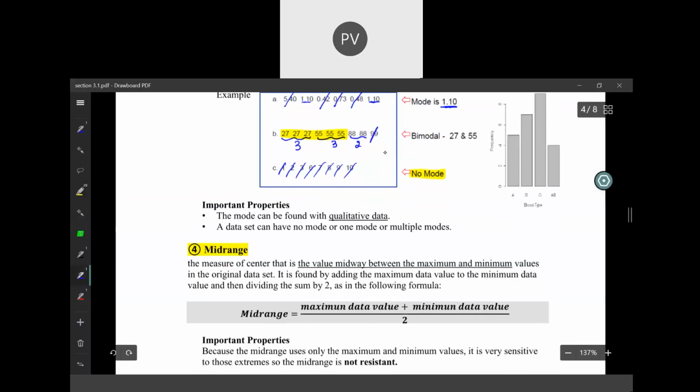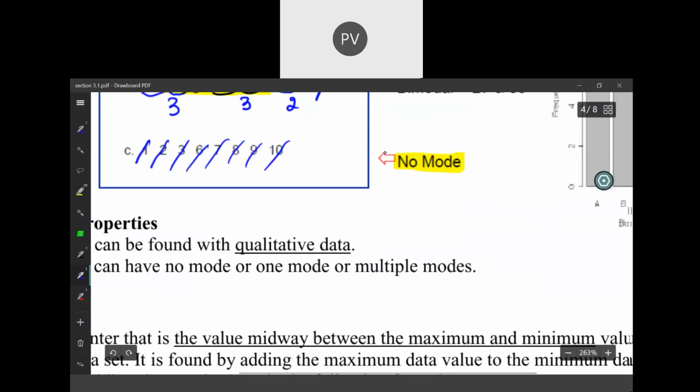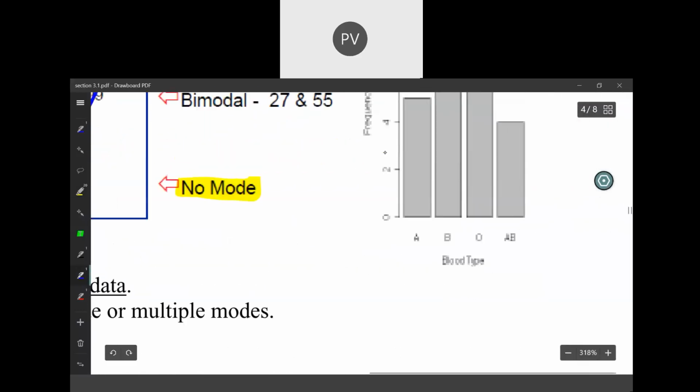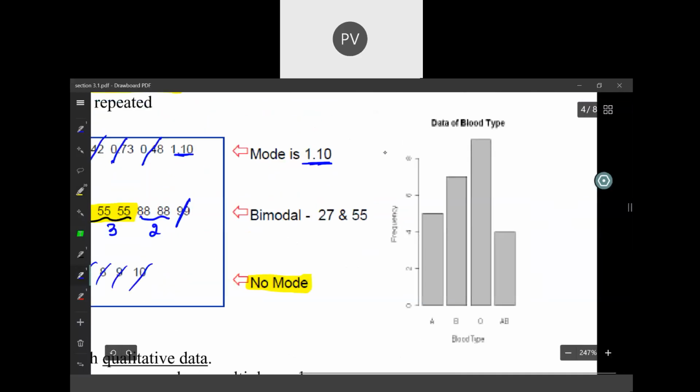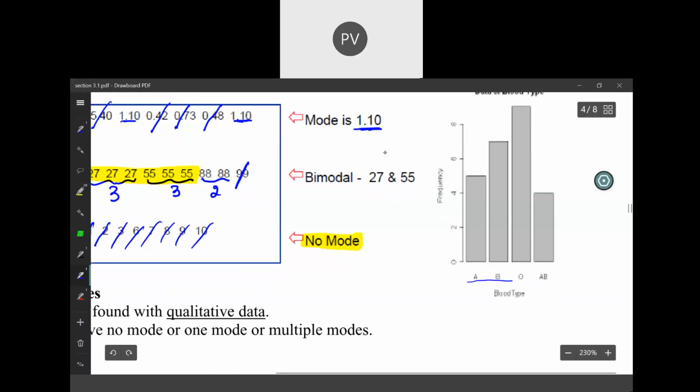Now the best thing about mode is that it can also be used with qualitative data. Now here it is qualitative, right? Blood type AB, A positive, B positive, O positive and AB negative.